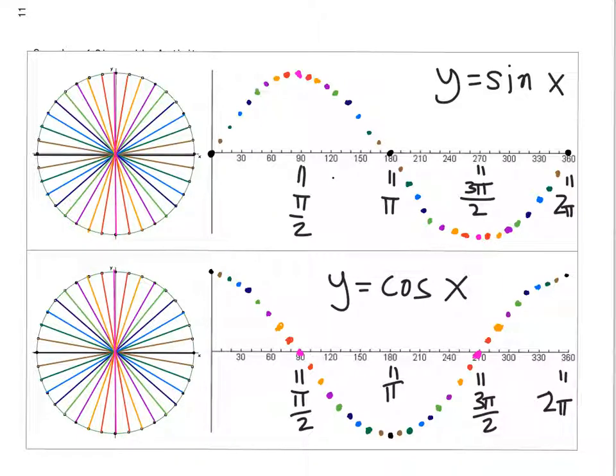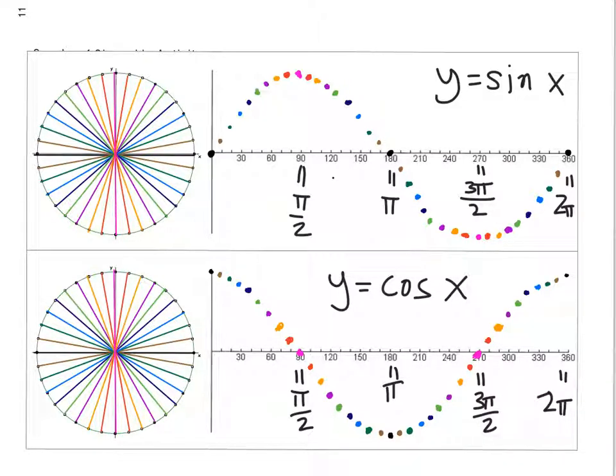We're going to plot the degrees, and I've also put the radians, because generally what you're going to be plotting on the x-axis is the radian values. I put the ones at pi over 2, pi, 3 pi over 2, and 2 pi, because those are going to be the most important points on the curve. And on the y-axis, we plot the value of sine or the value of cosine.